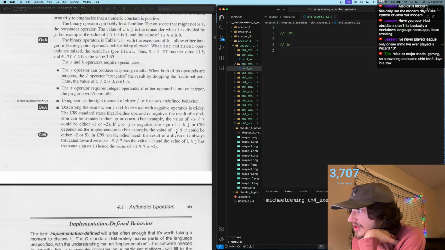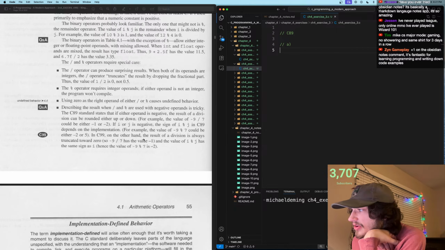For example, the value of negative 9 modulo 7 could either be negative 2 or positive 5. Why positive 5? In C99, on the other hand, the result of the division is always truncated towards 0, and the value of the modulo has the same sign as I.